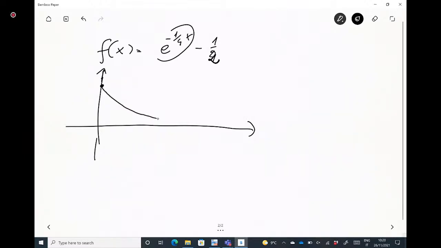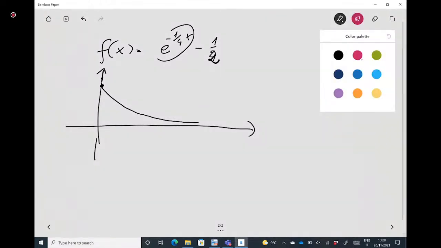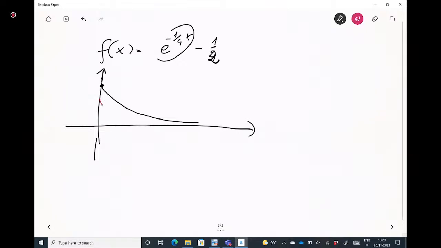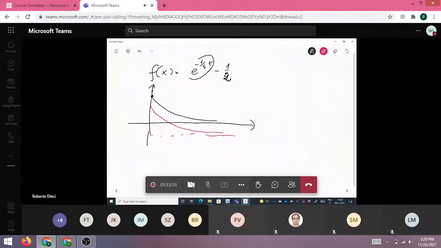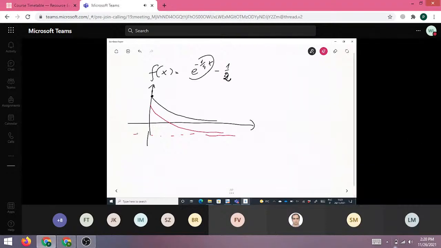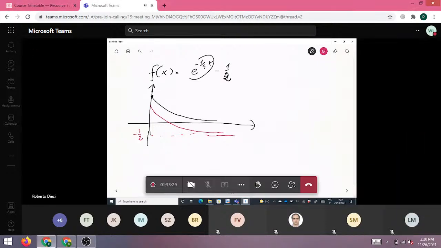Yeah, it goes like this. If we subtract 1/2, it is like this. And here, it will approach the level minus 1/2, okay?